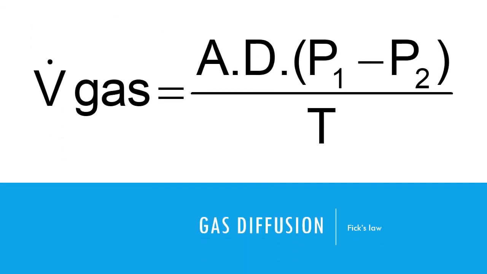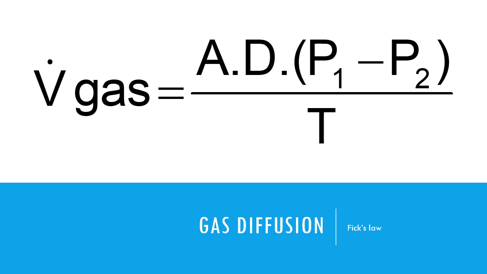The diffusion of gas takes place according to Fick's law, which is written as follows. V dot gas is equal to A times D times P1 minus P2 divided by T, where V dot gas is the amount of gas that diffuses from one point to another.